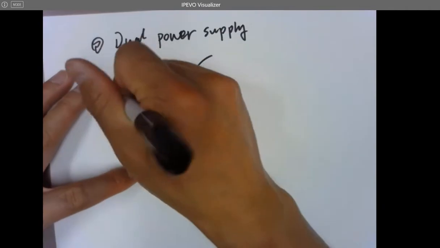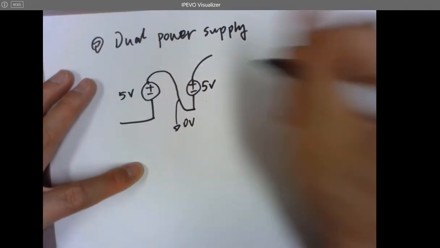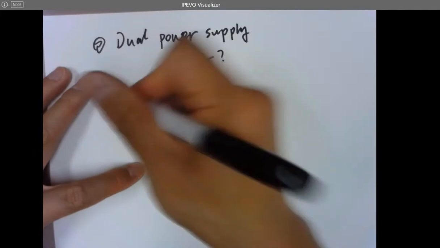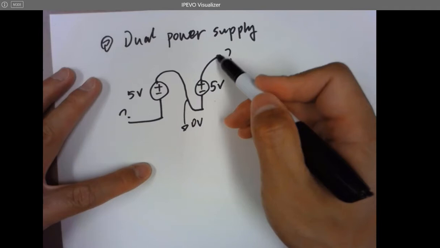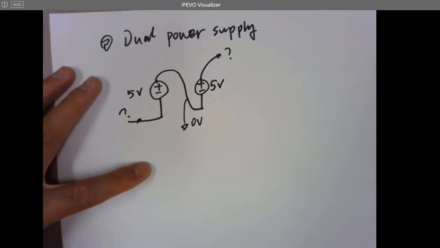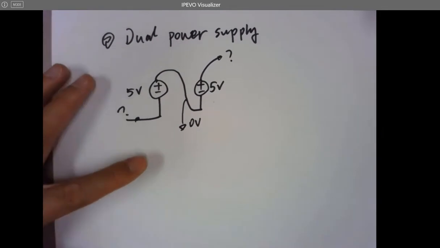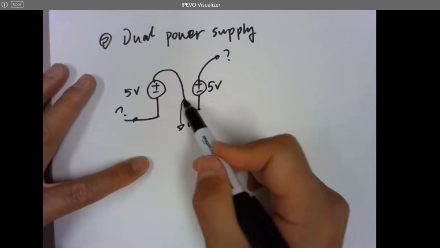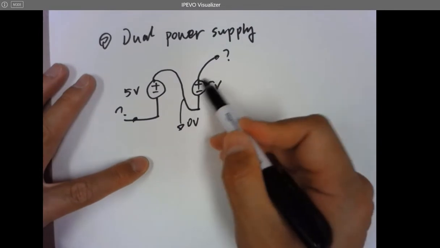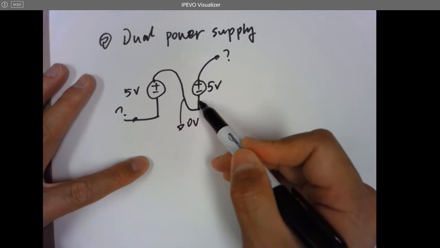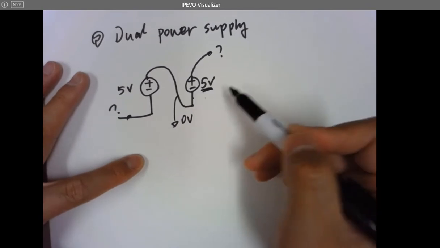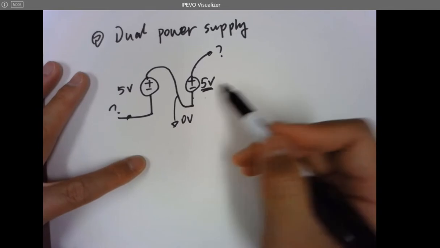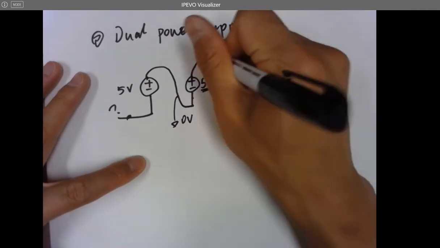And because they are both 5 volts batteries, I'm asking what's the voltage here and what's the voltage here. If I'm just asking what is the voltage at this point, I'm comparing to the ground, keep in mind. So because this is 0 volts, and this battery is going to force the voltage here to be a 5 volts increment, right? So it's going to be 5 volts here.